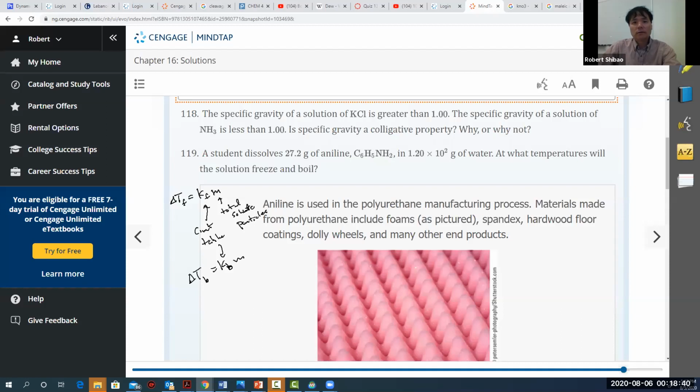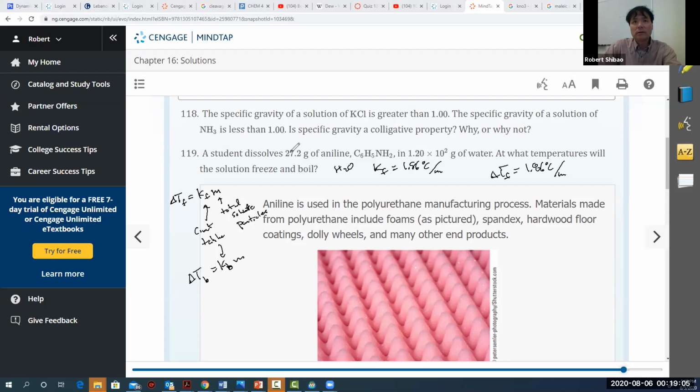This is only for water. For water, K_F equals 1.86 degrees C per molal. So let's go ahead and do the calculation for delta T_F. Now, how many moles do we have here?